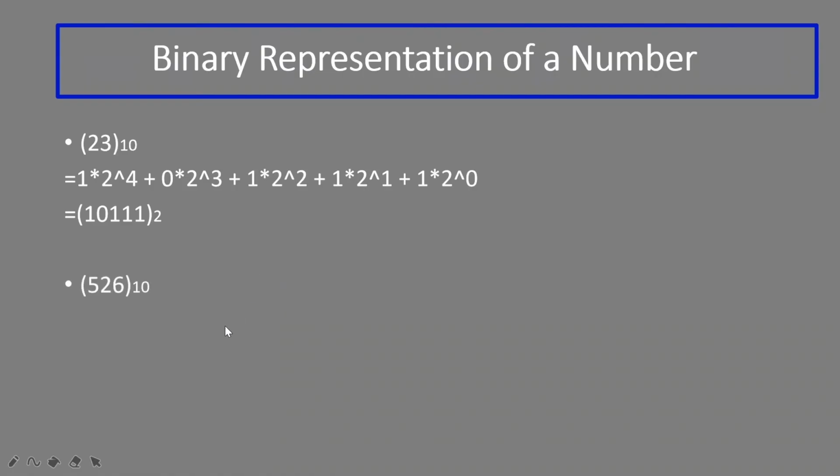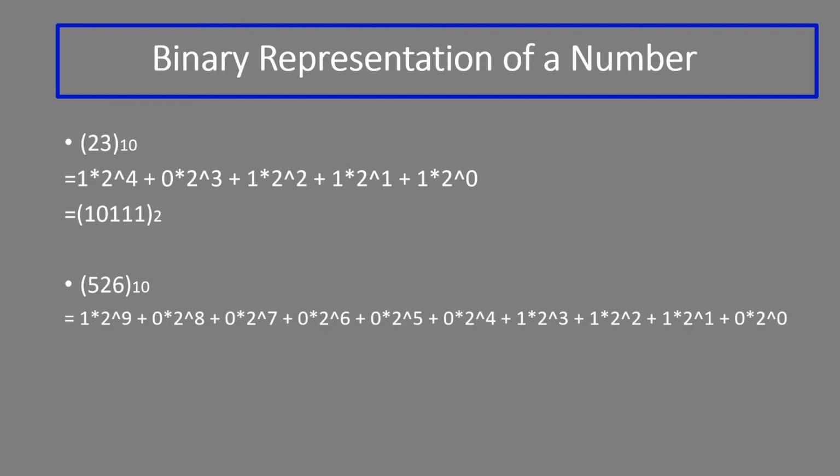Then in the same way we can represent 526 in base 2. The highest power will be power 9, which is 512. 2 raised to power 9 is 512, so it will be multiplied by 1 because this bit is 1.